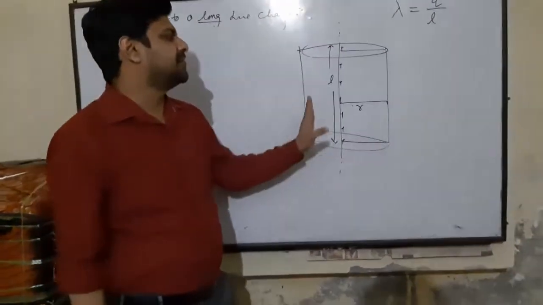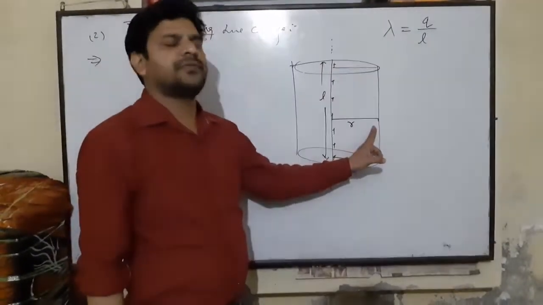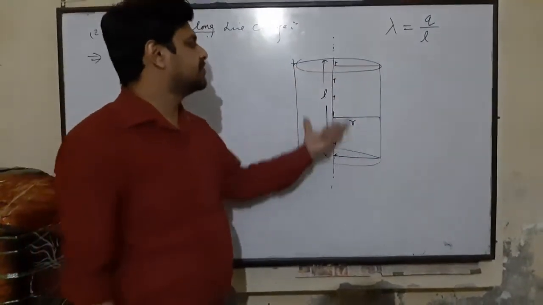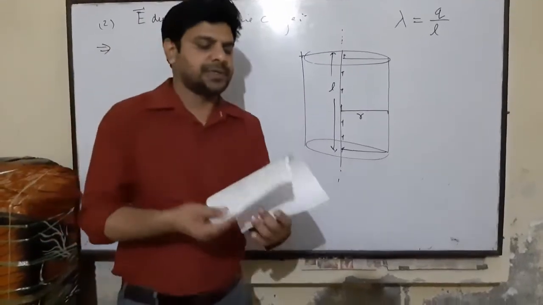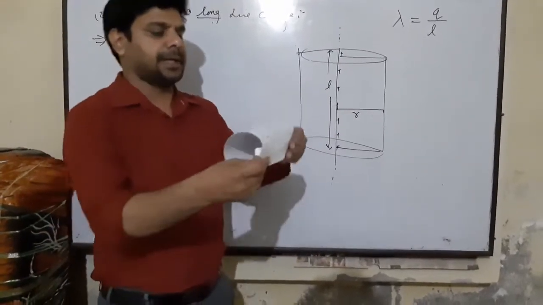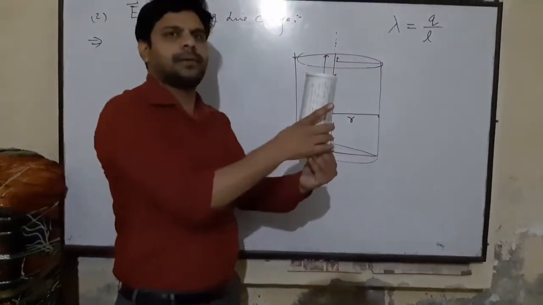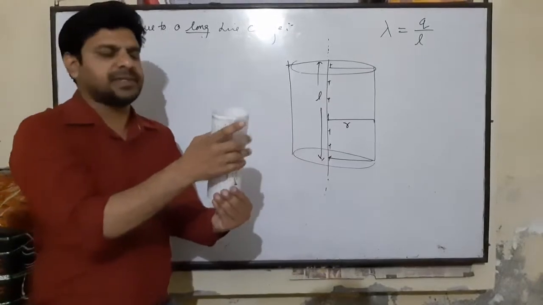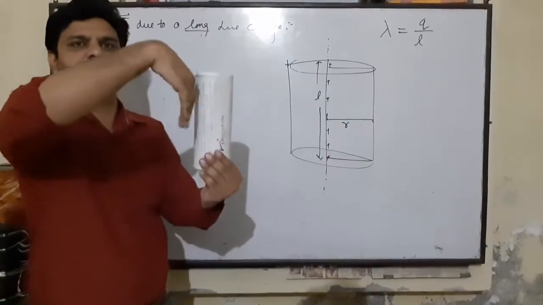To find the intensity of electric field due to this line charge at this point, we have to assume a symmetrical Gaussian surface which is cylindrical in shape. This cylinder is a closed surface made up of three surfaces: two circular faces and one curved surface.